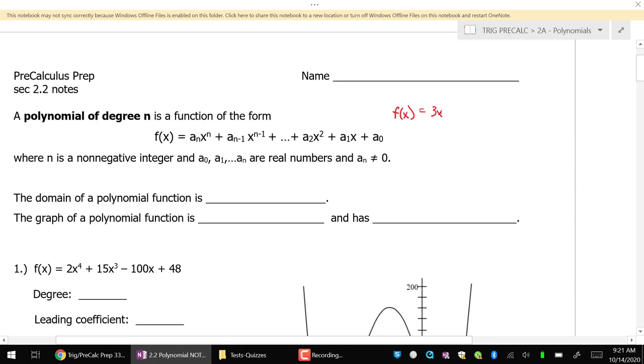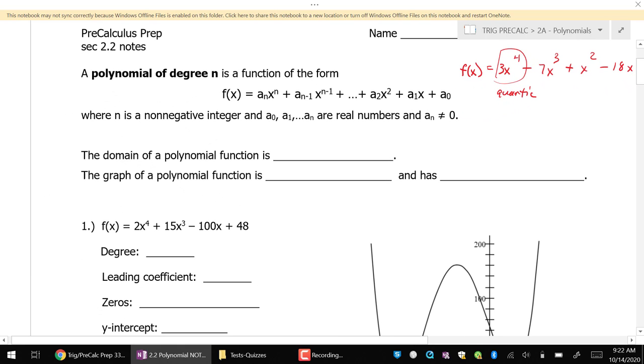So something like 3x to the 4th minus 7x cubed plus 1x squared minus 18x plus 5. There's a polynomial. It has 5 terms. It's a degree 4 polynomial. We call that a quartic, because it's the highest degree, the highest exponent. And we separate the terms with pluses and minuses.